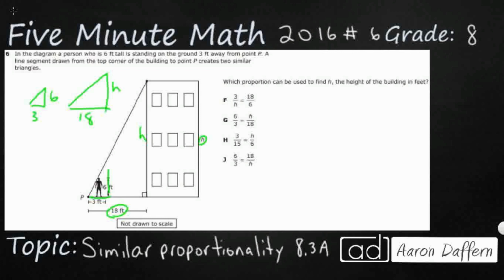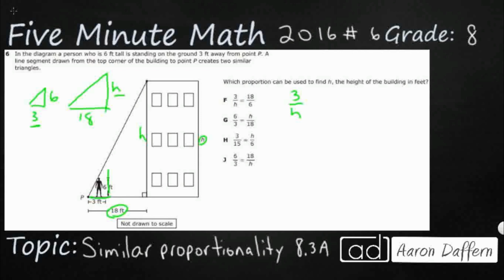So let's see what we have right here. We've got 3 over H, look at F. So they are matching up the base of the small triangle and the height of the big one, and I could just tell you that's not going to work.